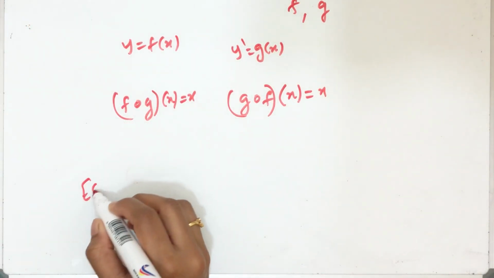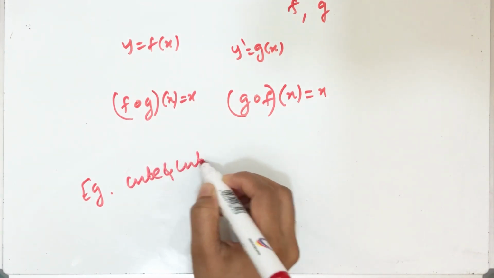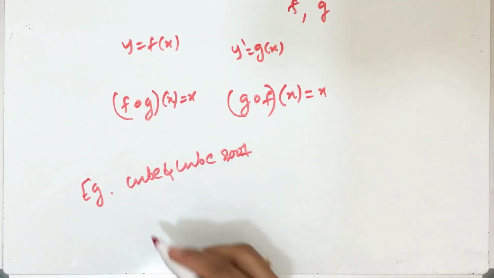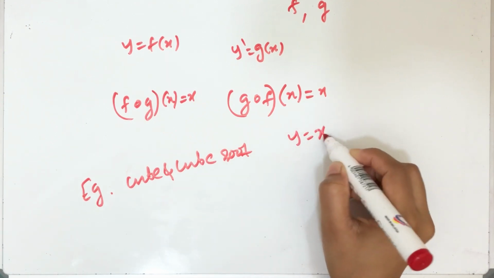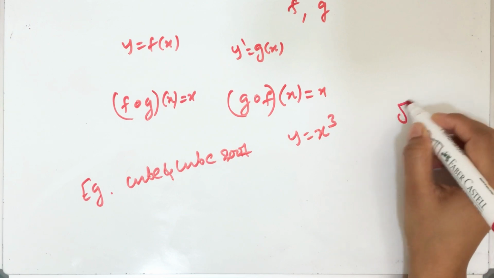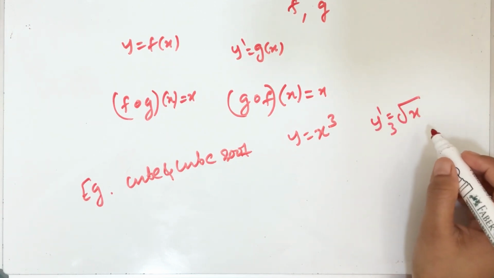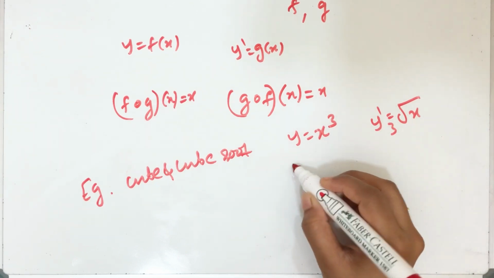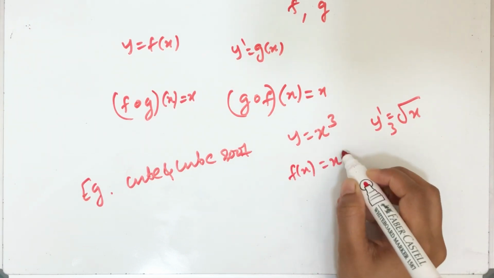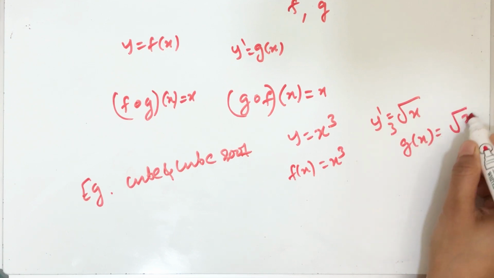For example, we can take cube and cube root. Cube is y equal to x cube, and cube root is y dash equal to cube root of x. That is, f of x is equal to x cube and g of x is equal to cube root of x.